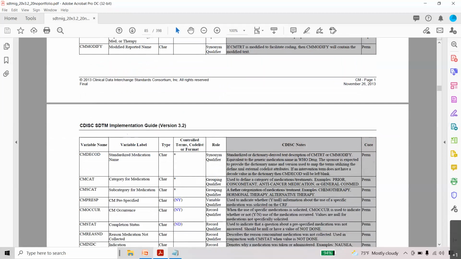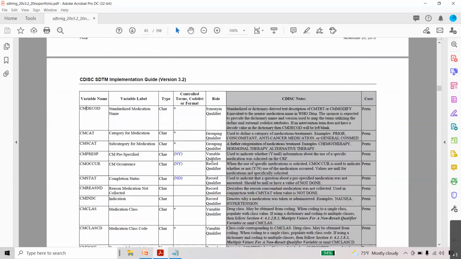And for folic acid, you can see CM decode as folic acid. And for atorvastatin as the CMTRT, we can see CM decode as atorvastatin. So if the standardized medication name has any slight difference, we capture that information in CM decode, or the CMTRT values we can take.